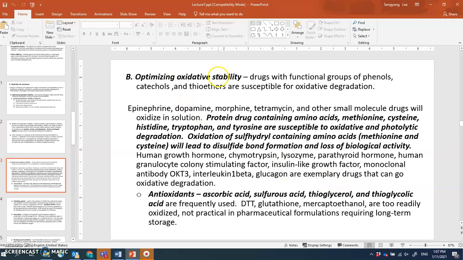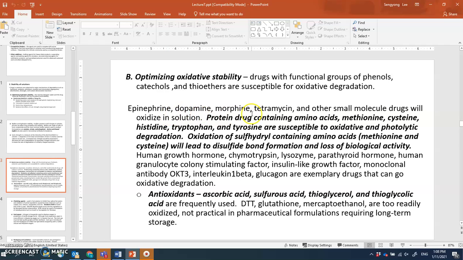Optimizing oxidative stability. To prevent oxidation from happening to your API, you need to optimize a stable condition within your formulation. How do you do that? By adding phenol or catechol or thioethers, which can be susceptible instead of your drug, so they can protect your drug from oxidation. Epinephrine, dopamine, morphine, and tetracycline are small molecule drugs that will readily oxidize in solution.